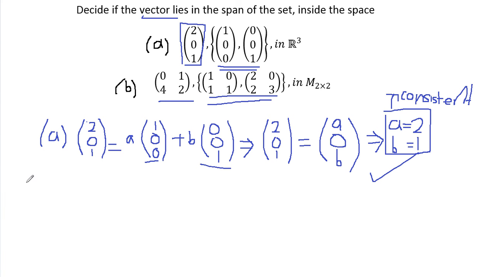Now let's take a look at the second example. The second example is familiar with what we did in our previous video, where we did a 2 by 2 matrix.